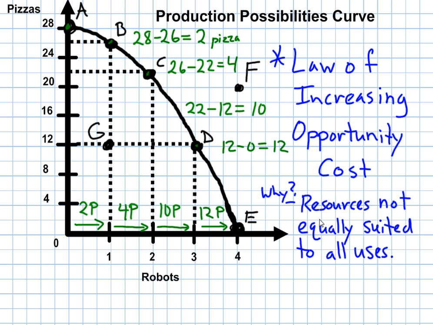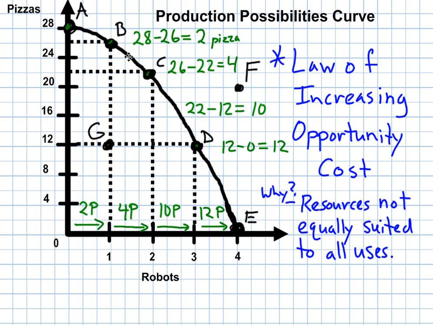Why? Very simply, resources are not equally suited to all uses. And I think you can understand this, right? Some of the things that are used to make robots are not going to be very good at producing pizzas, and some of the things used to make pizzas are not going to be very good at making robots. So when you're forcing more and more of the resources in one direction, you're starting to force those things that are really good at making robots to make pizzas.